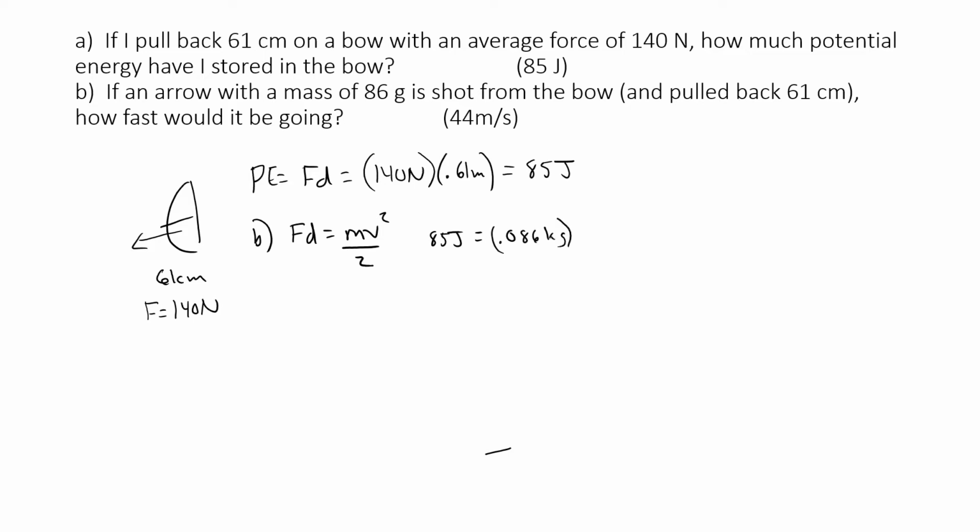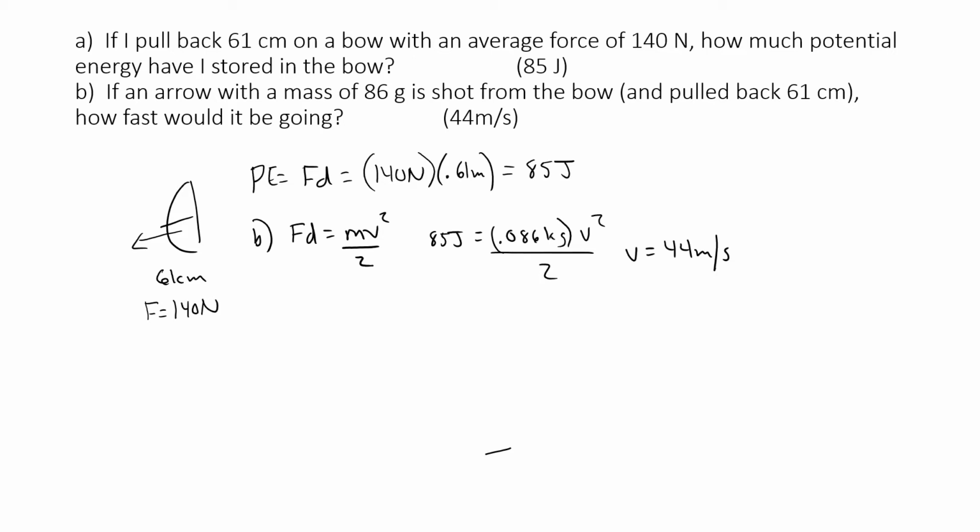Again, masses need to be in kilograms, times v squared over 2. It's the only thing to be careful with there. For the most part, the problem's pretty easy, but make sure you get that mass conversion correct. And then if we solve for the velocity based off that, we end up with the speed of the arrow of 44 meters per second. We solved that the right way.